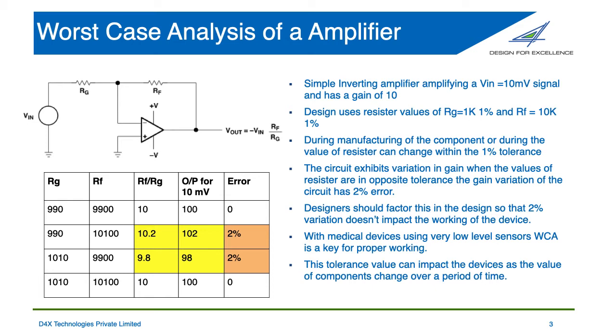If you look at the table below the circuit, you will see the tolerances of the resistors are listed, and also the gain due to the tolerance variation. We can see that with both the 1K and the 10K, when their variations are on the opposite sides of the tolerances, the gain value changes, resulting in a 2% error in the output of the amplifier.